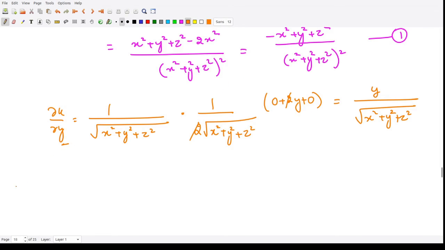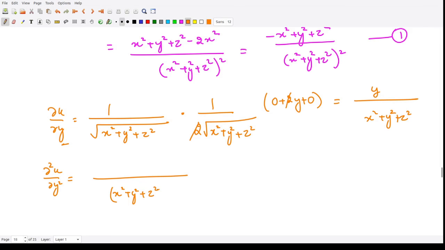So again we have to take its second derivative. So that would be equivalent to x square plus y square plus z square. Okay, so this square root won't be there. Why? Because here the power is 1 by 2 and here also the power is 1 by 2. So they'll combine and make the power as 1. So this square root won't appear here.